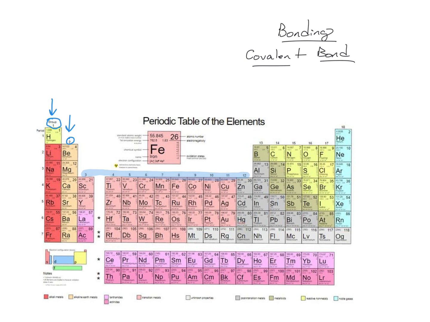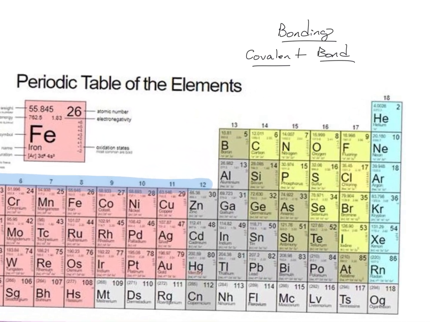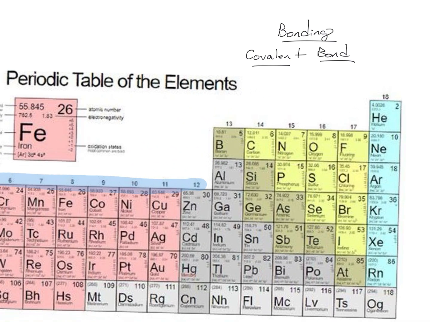So I'm about to talk about what these pieces and parts are, but just know that these group numbers that I'm circling tell you how many electrons are in the outer shell. So when you're asking yourself how many electrons are in the outer shell of this, there they are. So there's 3, 4, 5, 6, 7, 8.